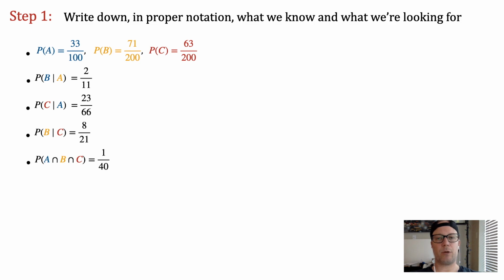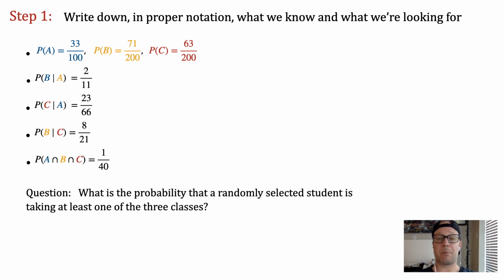Finally, we come to the question. What is the probability that a randomly selected student is taking at least one of the 3 classes? Well, unlike the one we just did, which was the triple intersection, A intersect B intersect C equals 1 over 40, here we have a triple union. You have to get into the frame of mind and think about when we see something like "taking at least one."